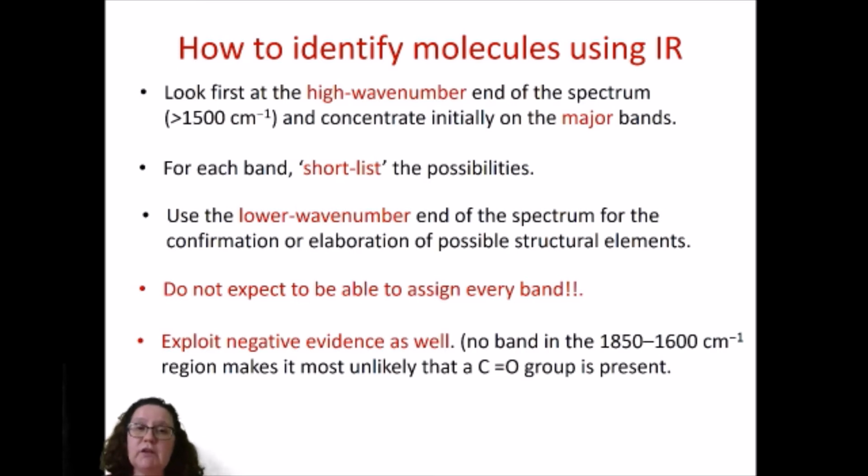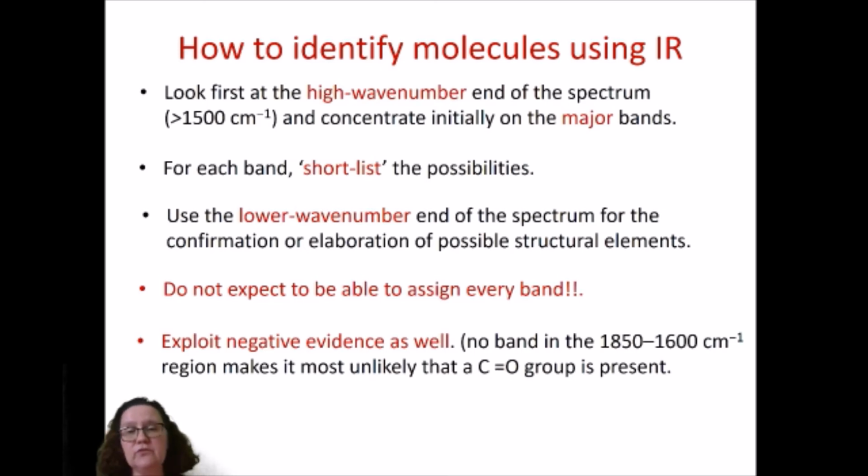You might want to have a look at the region around 3000 where the carbon-hydrogen stretching bands appear, and you might be able to identify whether you have an alkene, alkane, or alkyne in your structure. Use positive and negative evidence. The absence of a band is as important as the presence.